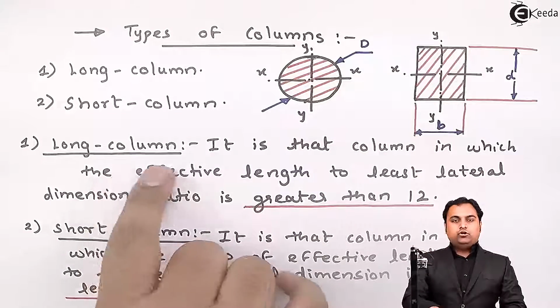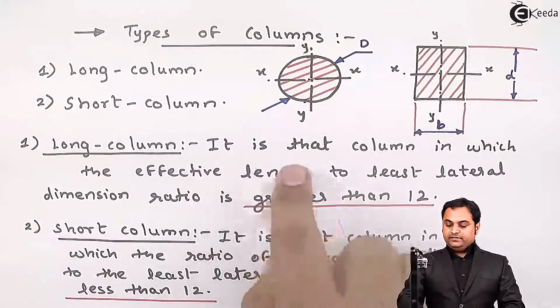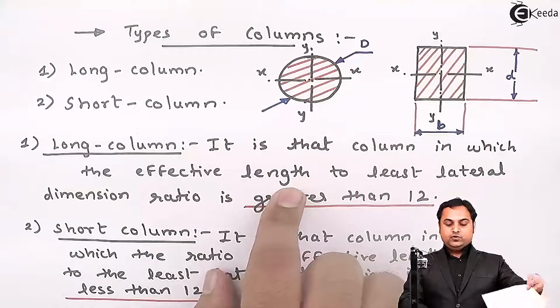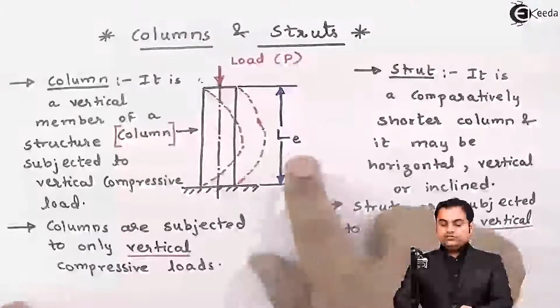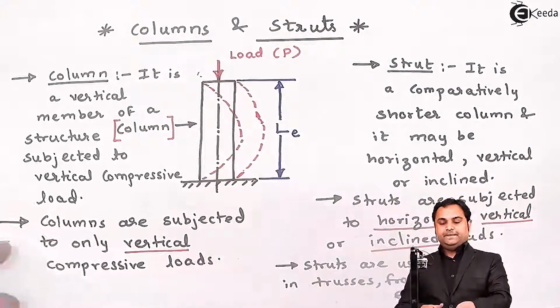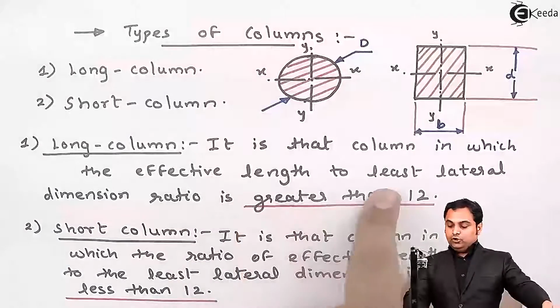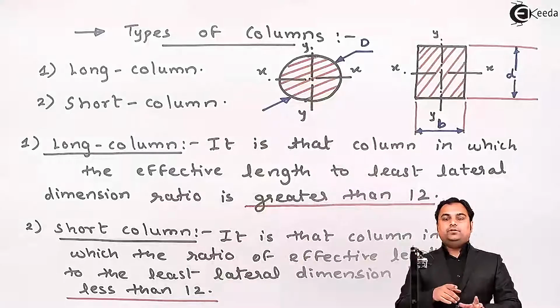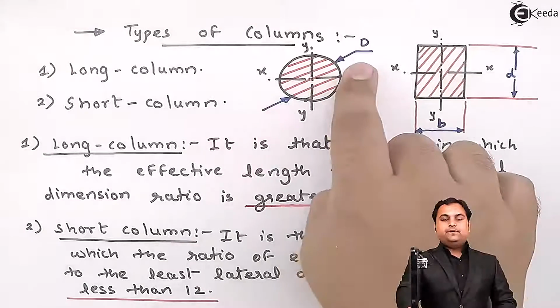Now, for the long column definition, I have written that it is that column in which the effective length, I have shown the length of the column which is bending. So this actual length is effective length which takes part in bending. So the ratio of effective length to least lateral dimension, if I consider the circular column, the lateral dimension is the diameter.